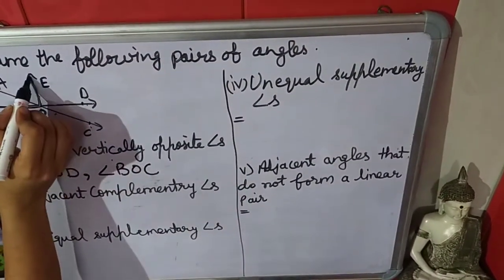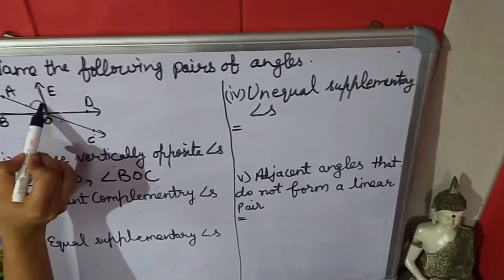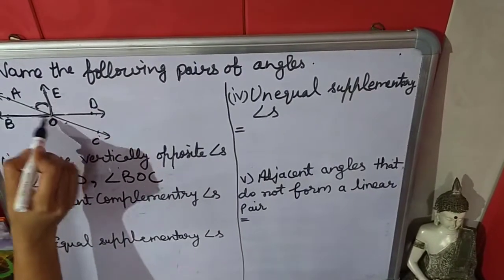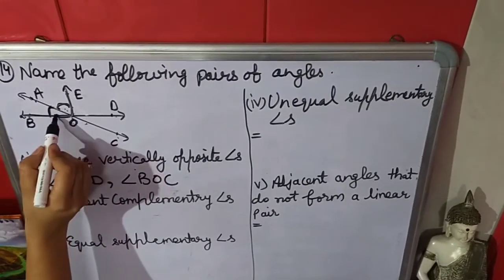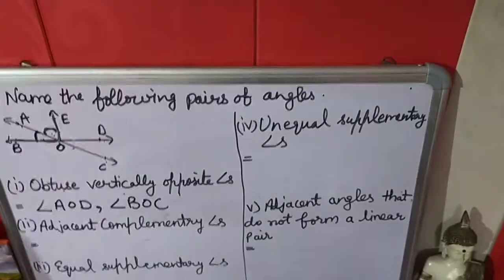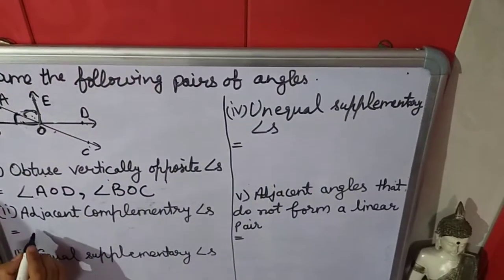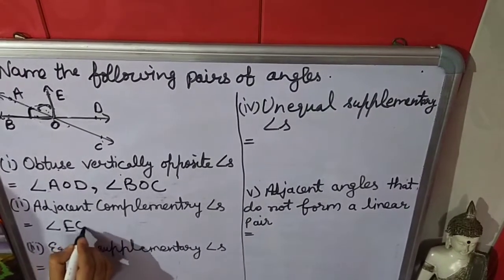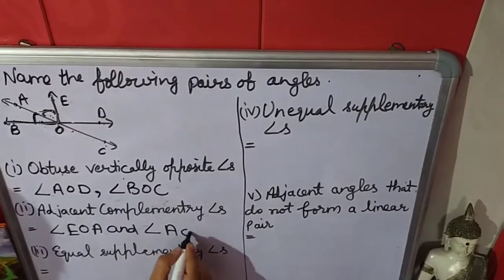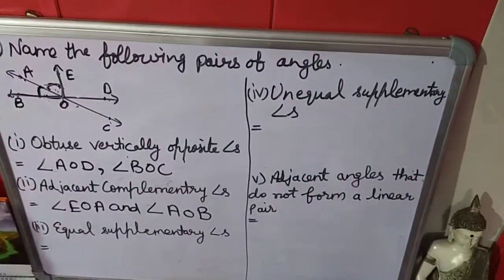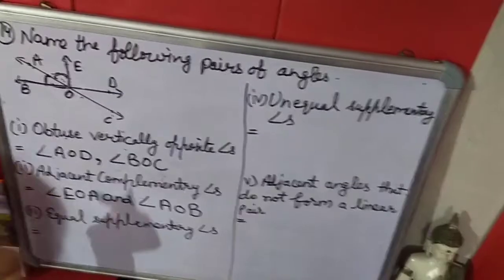It is 90 degrees, and angle AOE, or you can say angle EOA, and this angle AOB, both are adjacent angles, and when we add both angles the sum will be 90 degrees because it is a complete 90 degrees. So the pair is angle EOA and angle AOB.